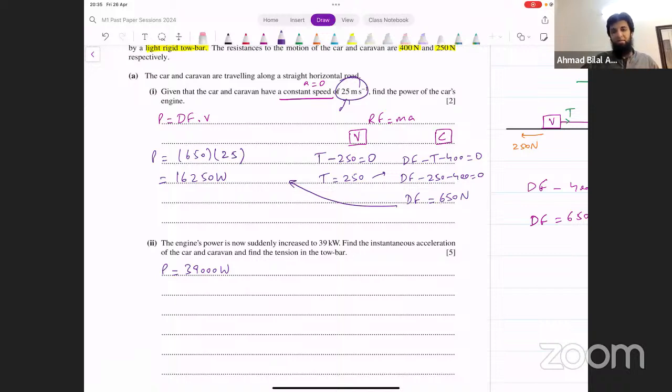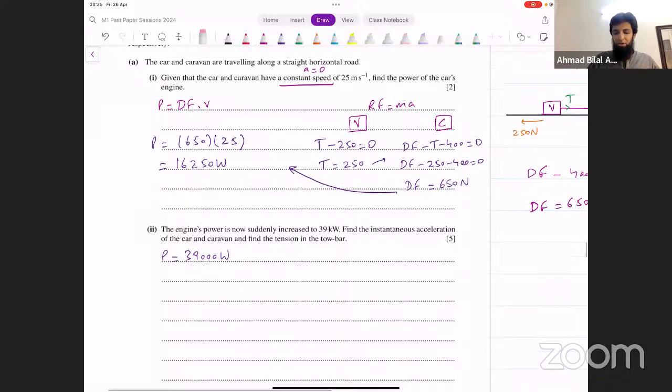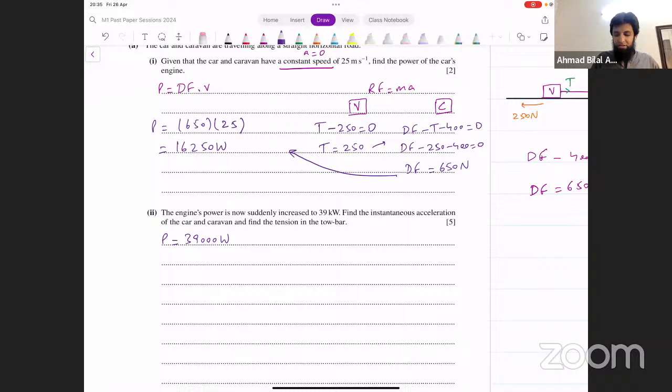When the power is suddenly increased, speed is not going to suddenly change to another value, right? It takes time for the speed to change. It will take a few seconds or a few milliseconds at least to increase.